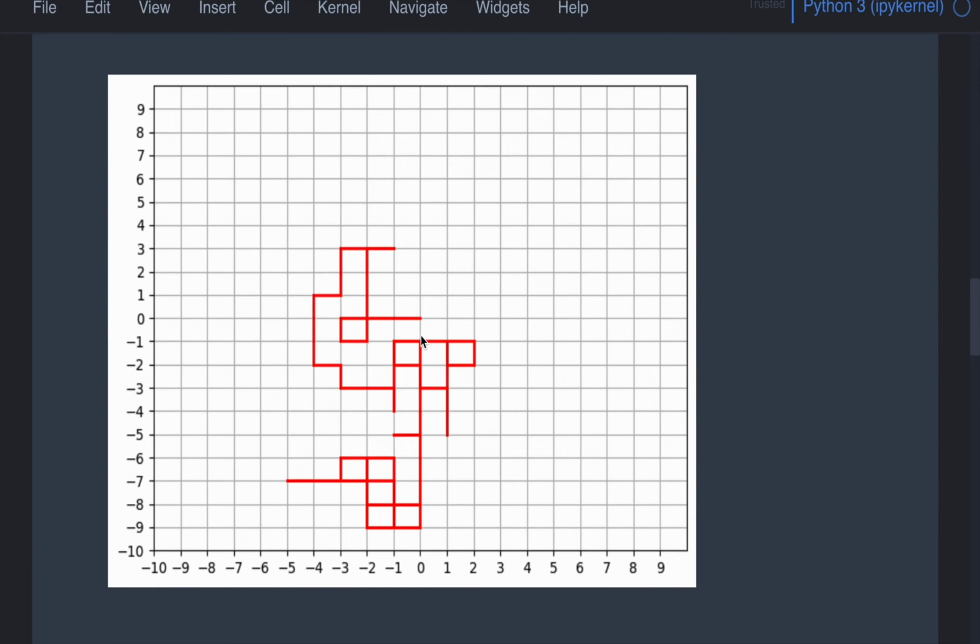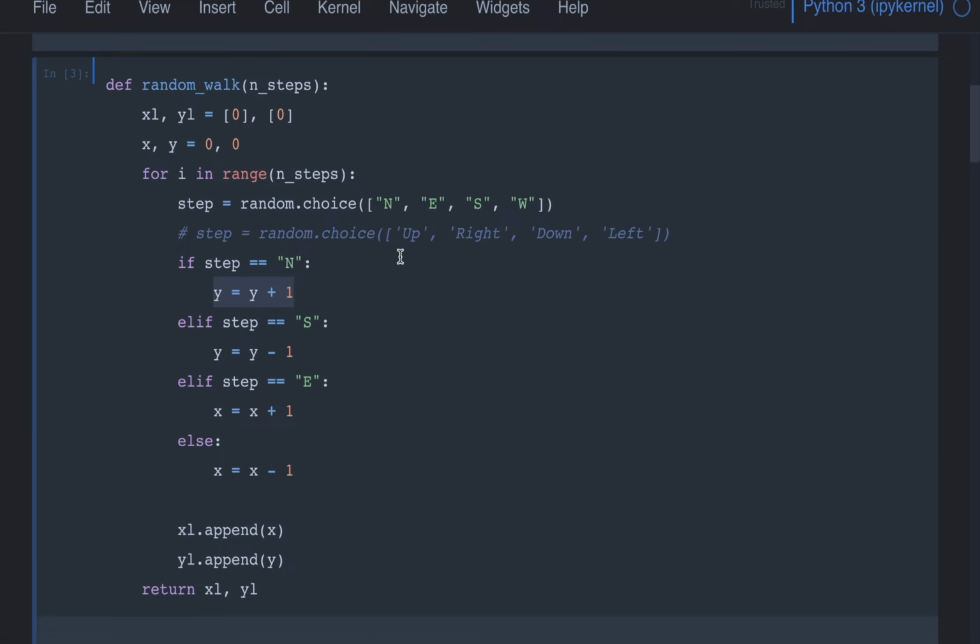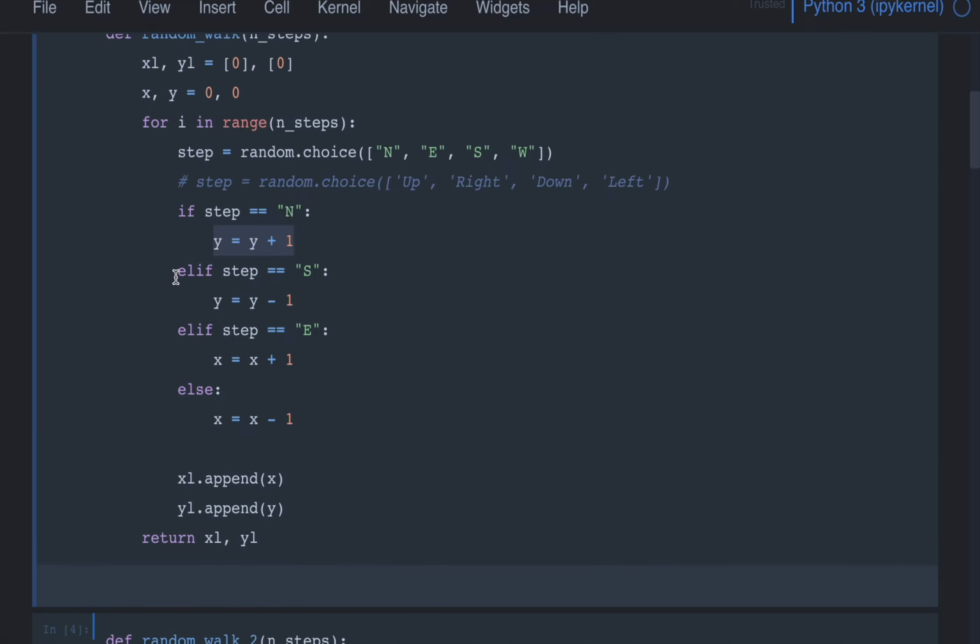Similarly, if he goes to the bottom, again the y coordinate changes by -1, whereas the x coordinate will still remain the same. And similarly, x coordinate will change if the person moves either left or right, right? And then y coordinate does not change. Okay. So if the chosen step is north or up, we are increasing y coordinate by 1.